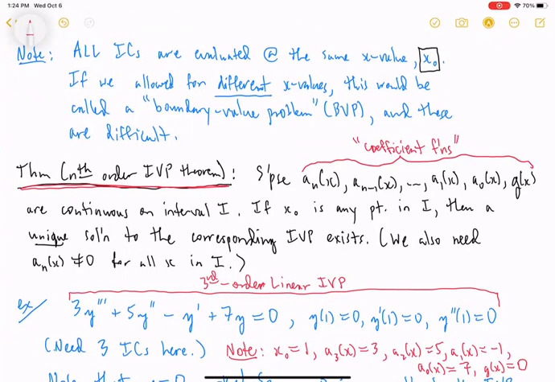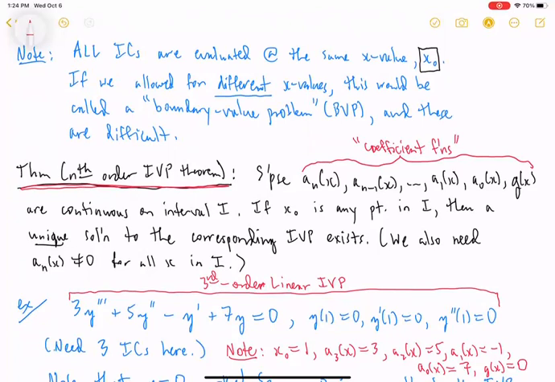So what does the IVP theorem guarantee? That there will be a unique solution. Already, we know that's true. We know that there exists a unique solution by the nth order IVP theorem. We already know that just by looking at the 3 boxes that need to be checked. Are the coefficient functions continuous on the interval?